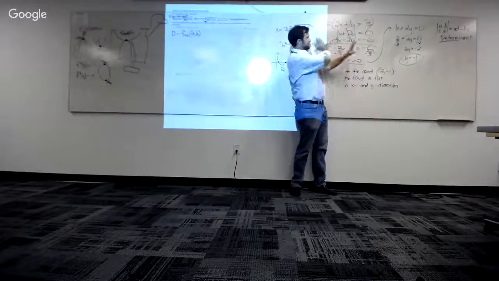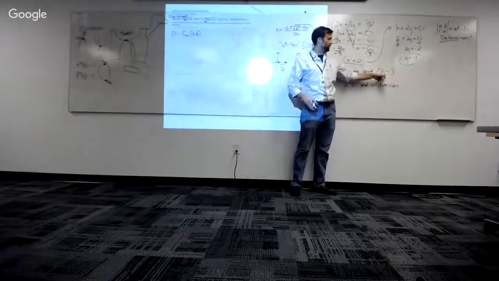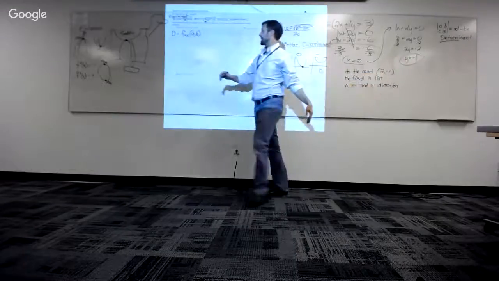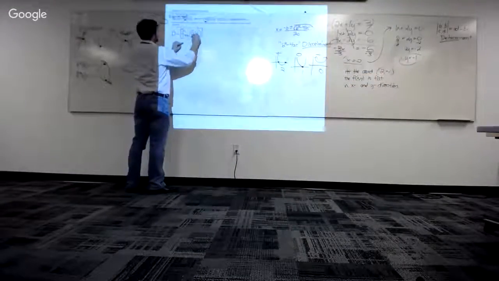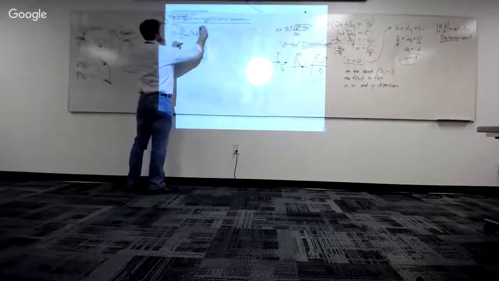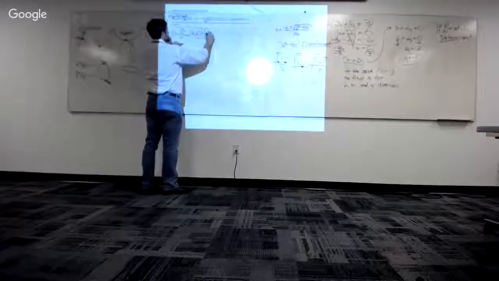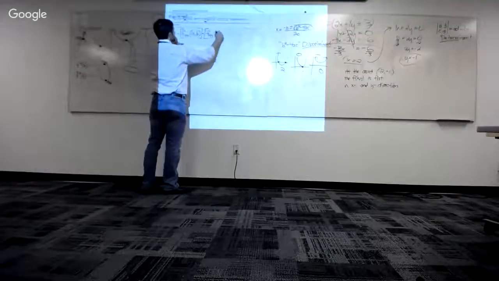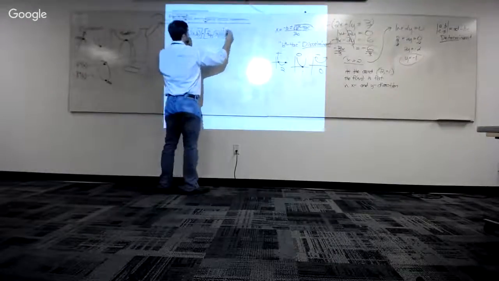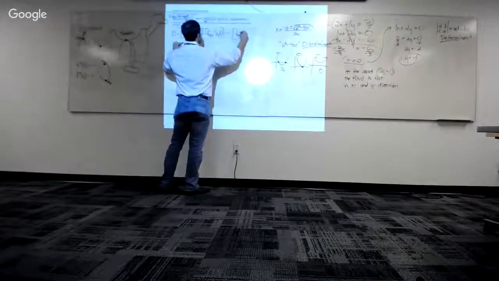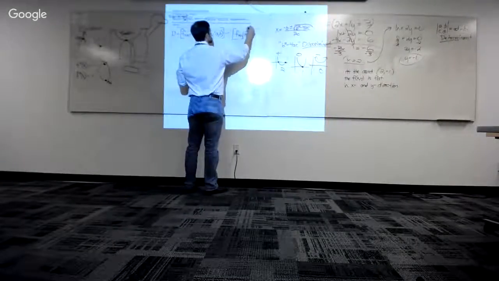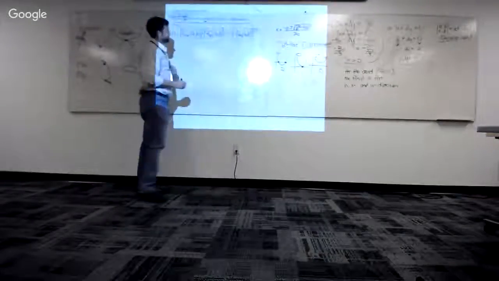So you still have to go through that whole process of finding your critical point in space. And what they're saying is you would take the second derivative with respect to x at the critical point times the second derivative with respect to y at the critical point minus the second derivative with respect to x then y at the critical point squared.